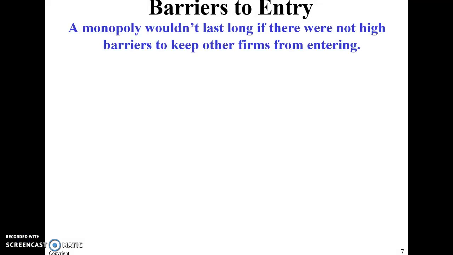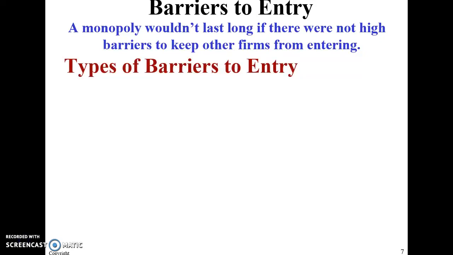So a monopoly wouldn't exist very long if there weren't high barriers to entry. And so types of barriers to entry are the following. Economies of scale. And we saw the economies of scale situation when we looked at the long-run average total cost curve a number of days ago, where because of high startup costs, factories, machinery, robots, etc., average total costs when you don't produce that much are pretty high.